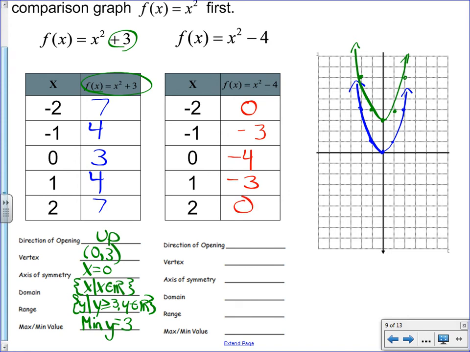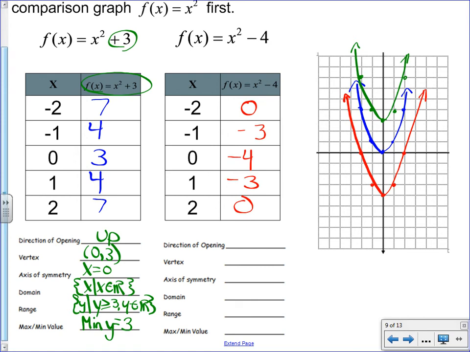Good. Direction of opening. Ben, how does, oh, wait, let's graph it. Ben, how does that graph open? Up.